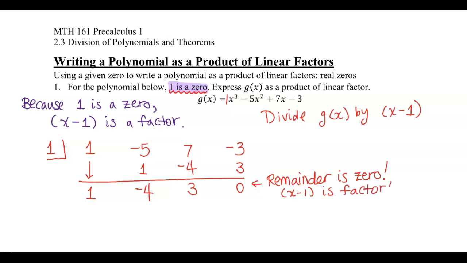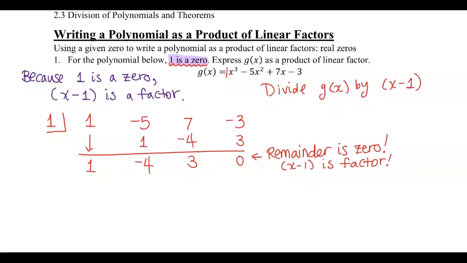Yay! And every semester, students would ask, so what was the purpose of this division? Were we just trying to see if they were giving us the right information? That's not it. Because now we are going to use the quotient to break this g of x down even more. All right, let me sit down. Okay, so we were able to break down this g of x into two pieces.